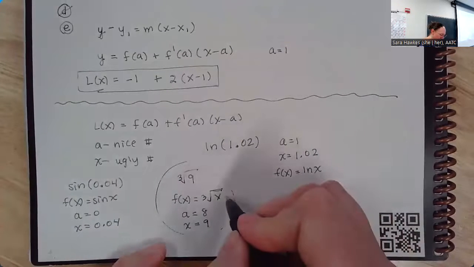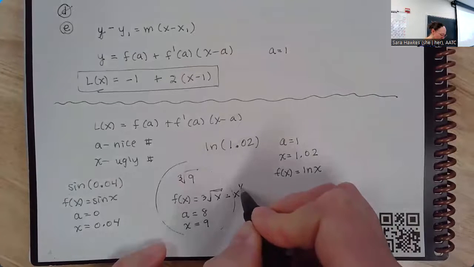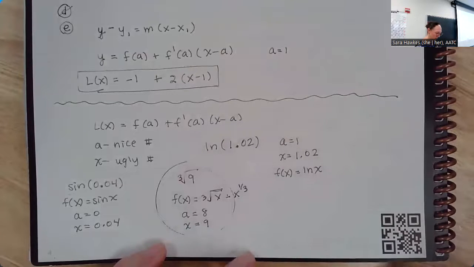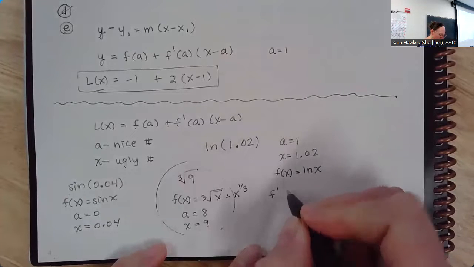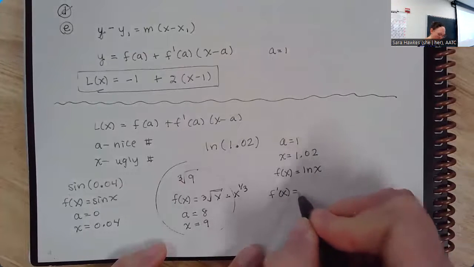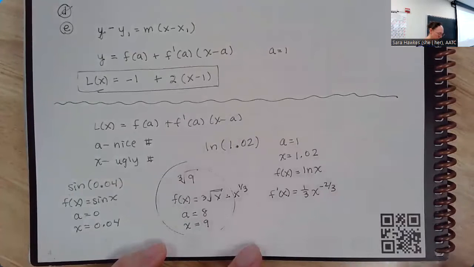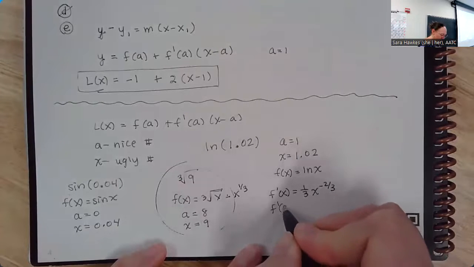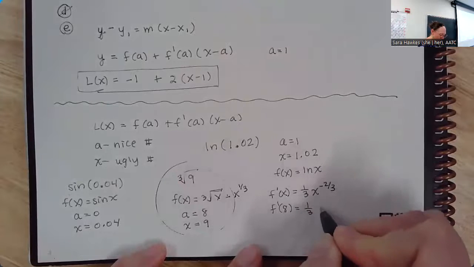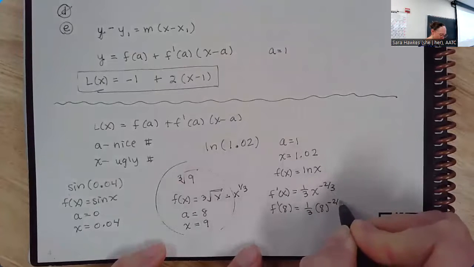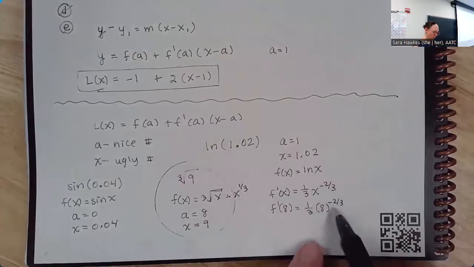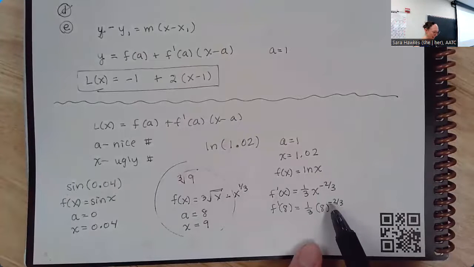So I would choose to rewrite that to say x to the 1/3 to take my derivative. So f prime would be 1/3 x to the -2/3. So f prime of 8 would look like 1/3 of 8 to the -2/3. I'm going to do that in 3 steps. The cube root of 8 is 2. 2 squared is 4. And 4 to the -1 is 1/4.